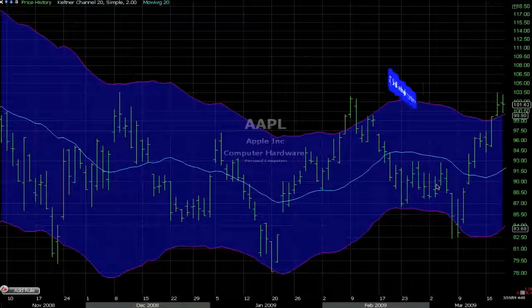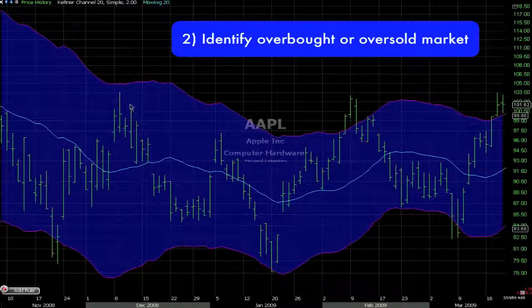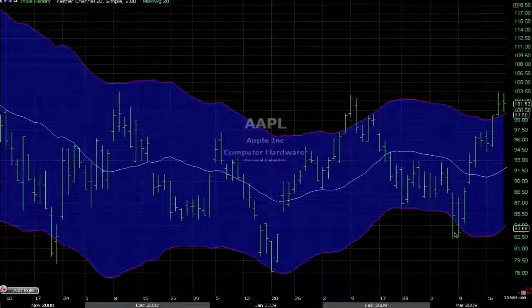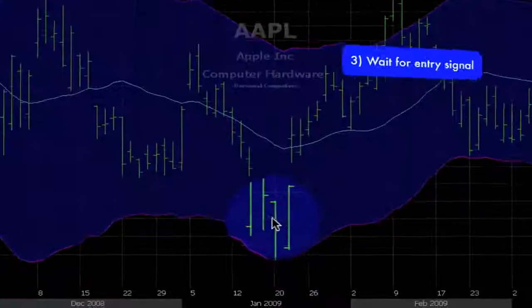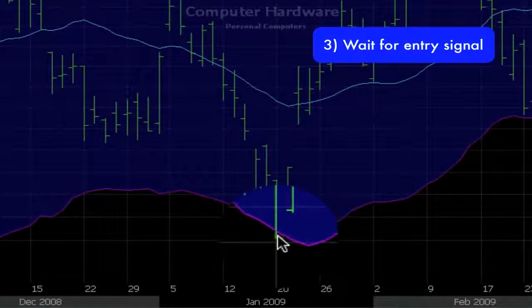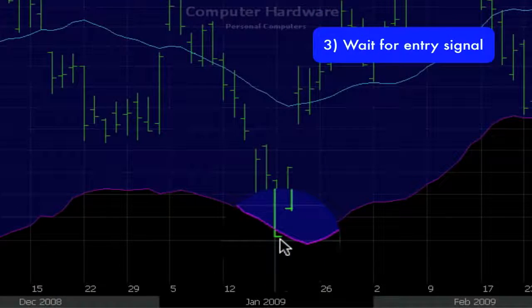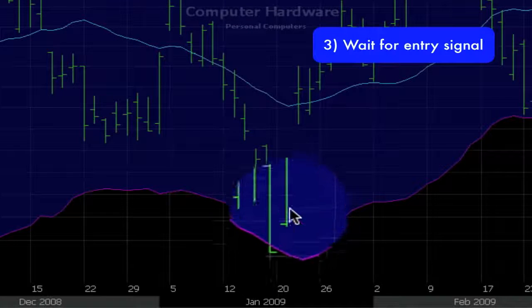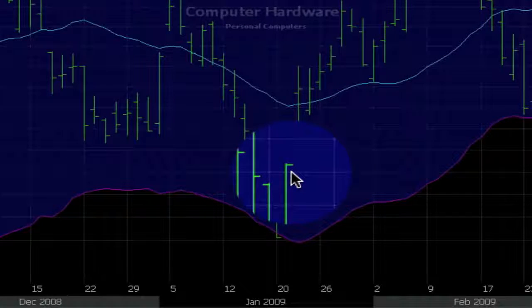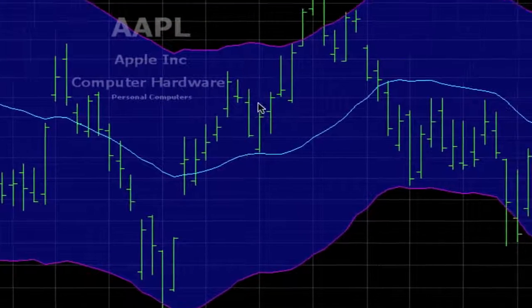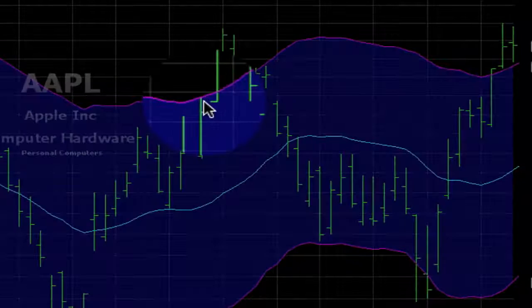Second, we want to identify moves up to the upper band for overbought signals and moves down to the lower band for oversold signals. And third, we want to see a price bar close outside the Keltner channel and then inside again. That's your entry, and your target is at the opposite side of the Keltner channel.